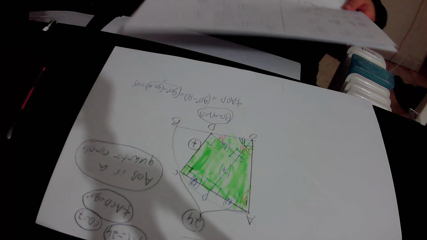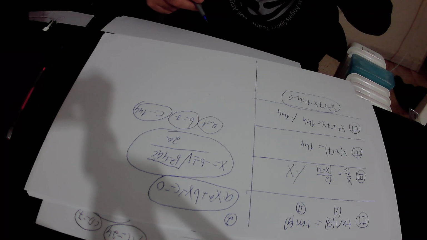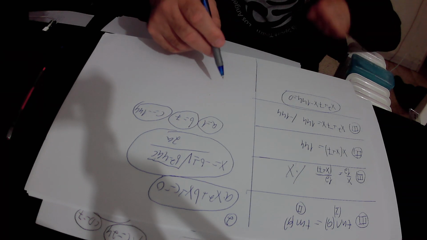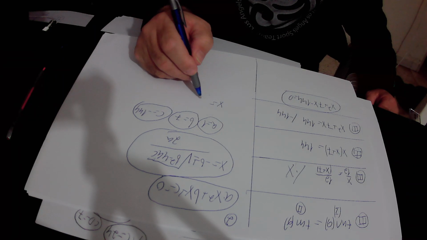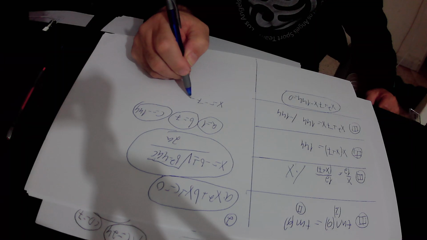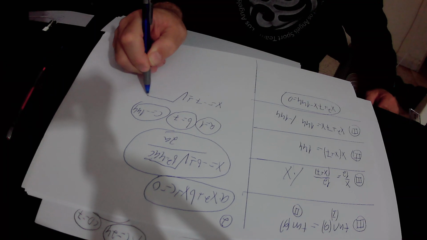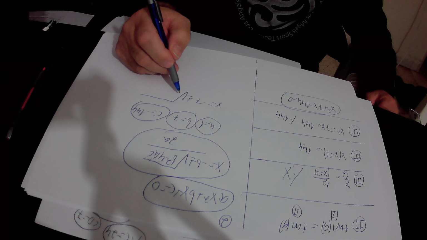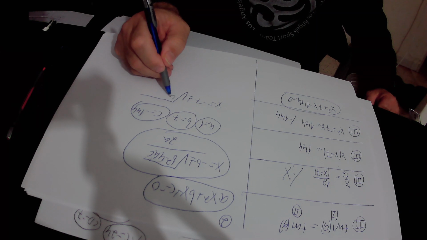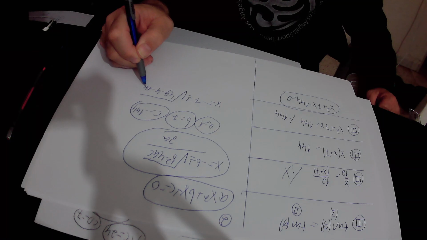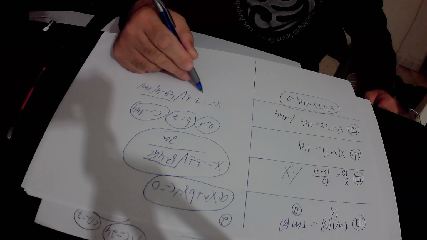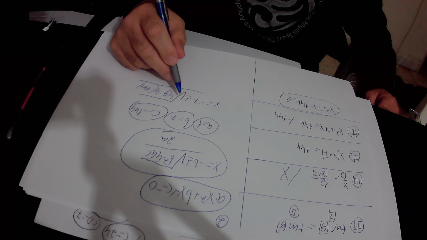So we put the data inside the formula for x, and we find out the values of x. And we get that x equals minus b. b is 7, therefore minus b is minus 7, plus minus the square root of b squared. b is 7, so b squared is 7 squared, that is 49. Minus 4 times 1 is minus 4, times c is times minus 144, because c is minus 144, over 2a. 2 times 1 is 2.